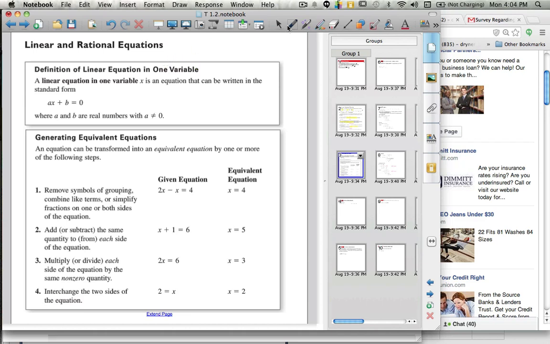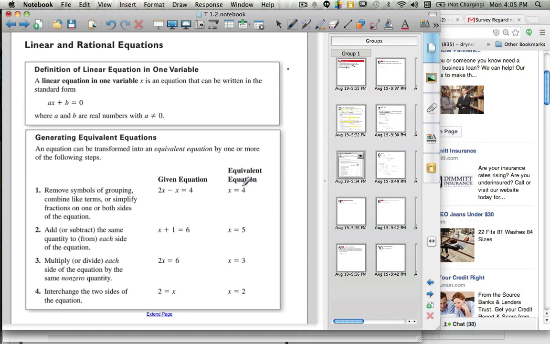And when we talk about looking at equations, a linear equation in one variable has the variable x no higher than the first degree. That's what a linear equation is. And as I mentioned before, as we solve, we create equivalent equations by making changes. So for instance, 2x minus x would be the left side of this equation.